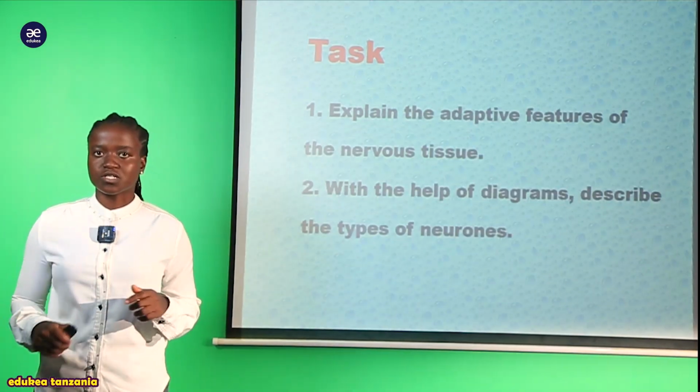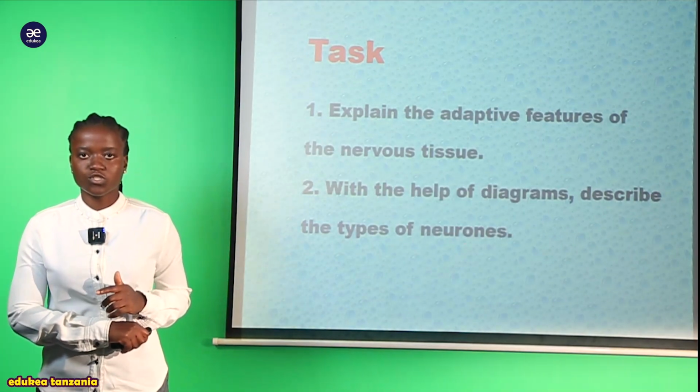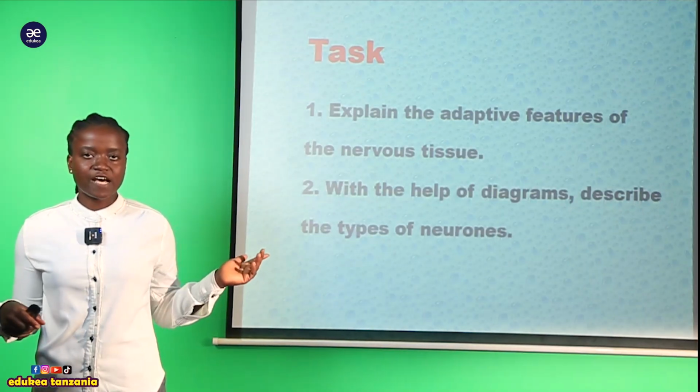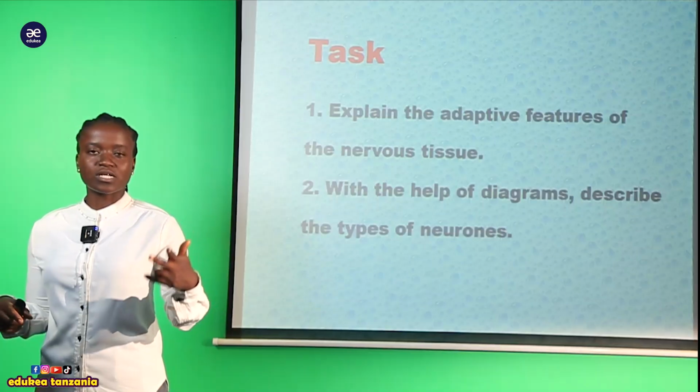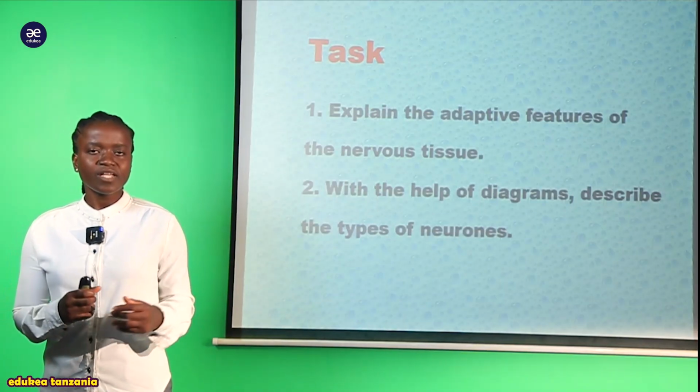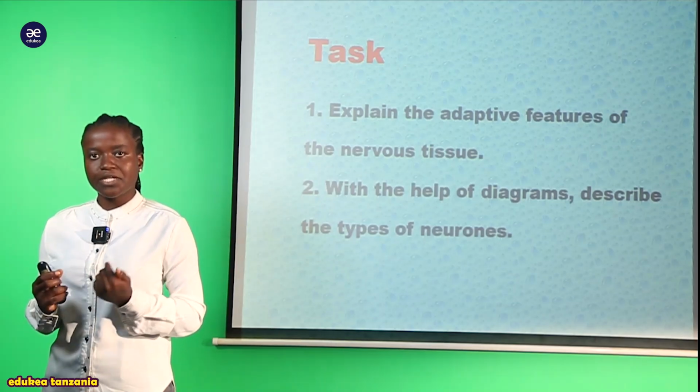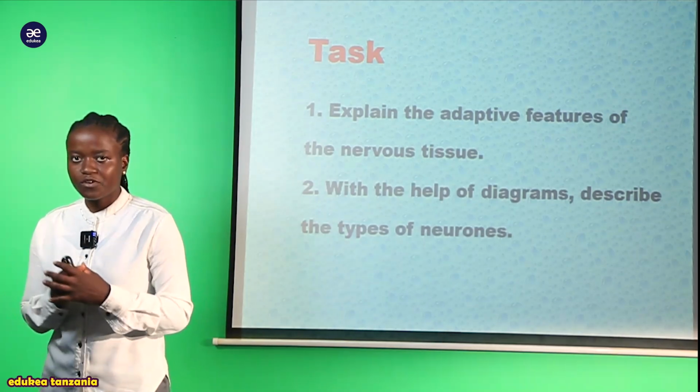This is a general question. It says with the help of a diagram, describe the types of the neuron. We have seen almost 2 classifications of neuron: based on the structure, and based on the structure and the function, and also based on the number of dendrites.